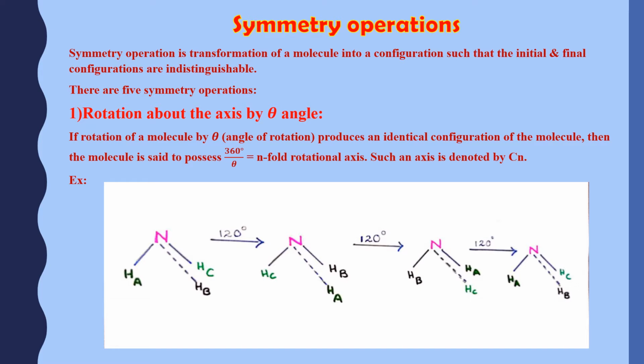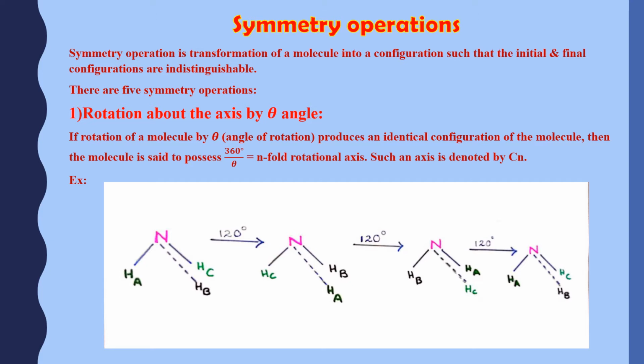The first appearance and the last appearance will look the same. That's what we call indistinguishable. Understood, students? Symmetry operation is nothing but the transformation of a molecule into a configuration so that the initial and final configurations are indistinguishable. Underline that point.